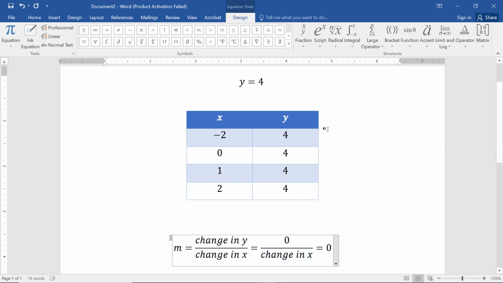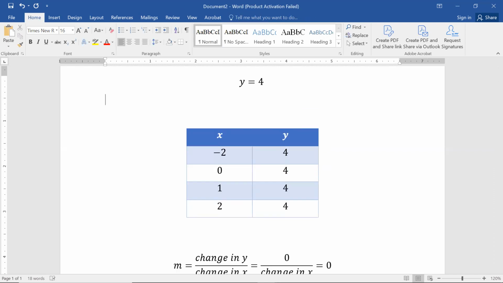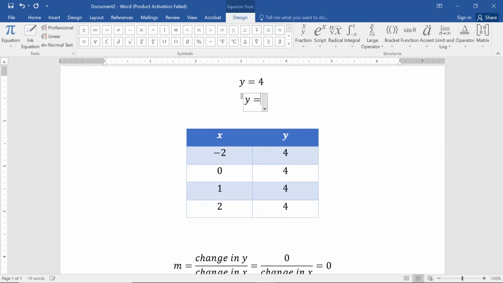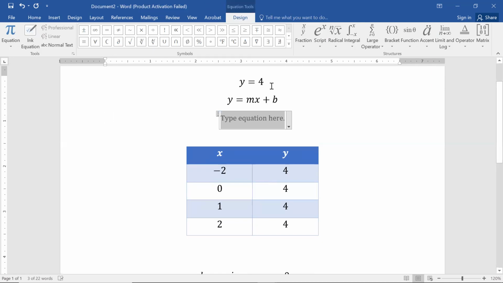There is another way to see this as well, that horizontal lines have to have slope 0, and that's by thinking through what the slope-intercept form could be in this case. Basically, y equals 4 is the same thing as y equals 0x plus 4.